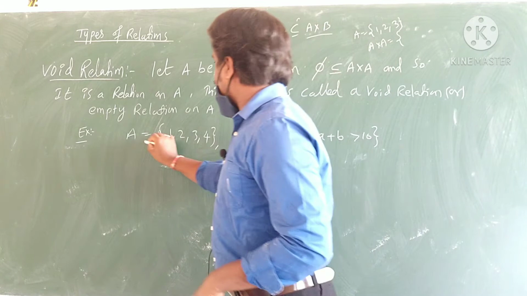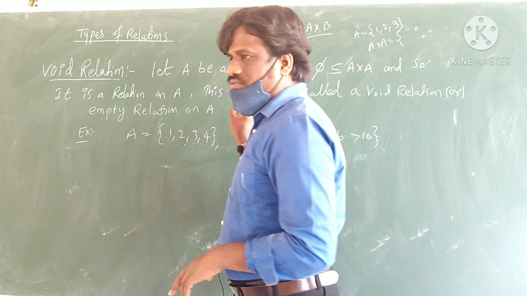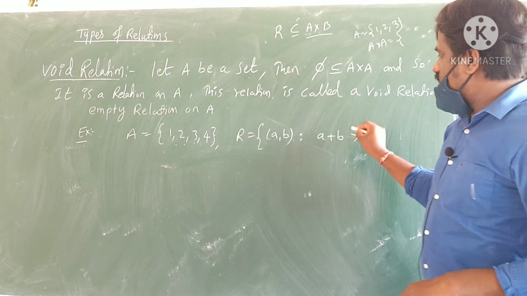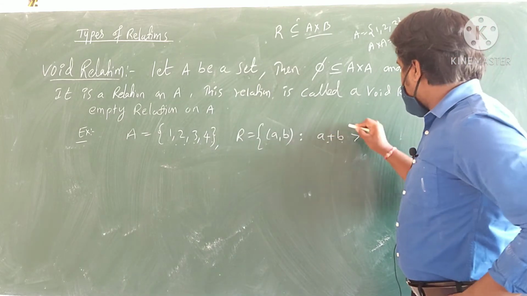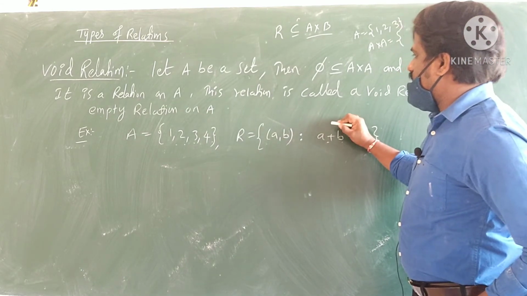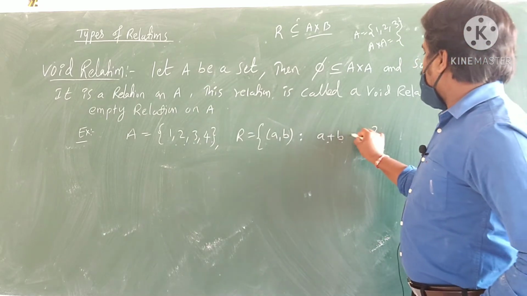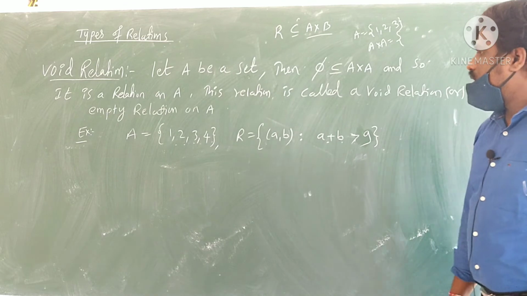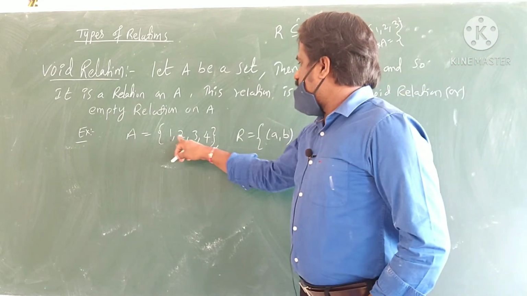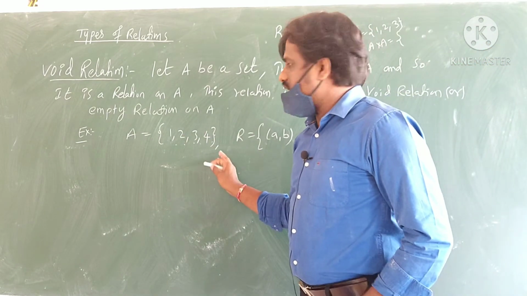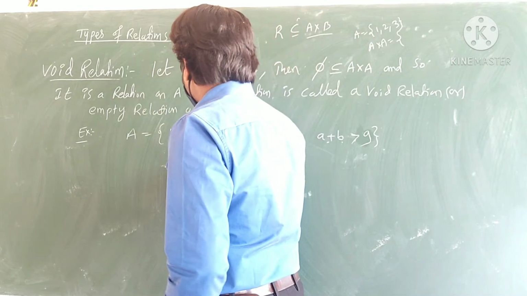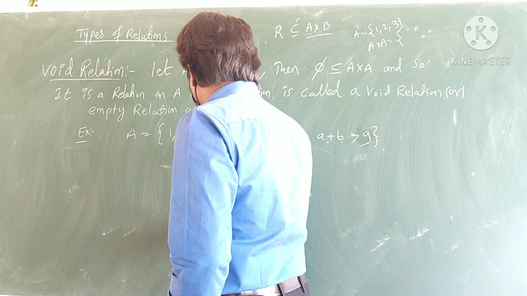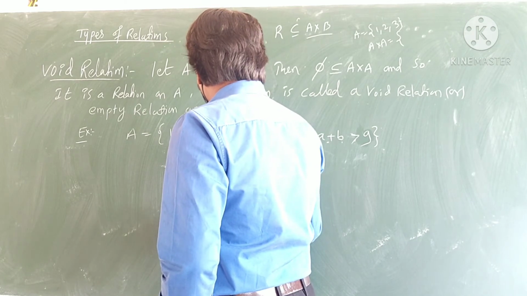when, if A is {1, 2, 3, 4}, and I am writing ordered pairs (a, b) such that a plus b is greater than, let us think, 9. I took 9. A cross A means you have 1, 2, 3, 4 here and 1, 2, 3, 4 here.